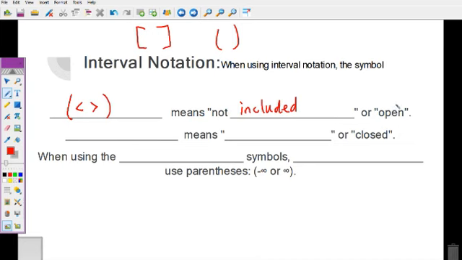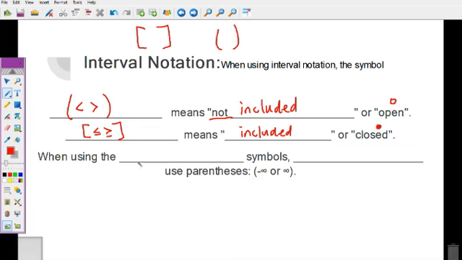Or there's an open circle there, right? There's an open gap, some type of discontinuity exists. Okay, if I have less than or equal to or greater than or equal to, that means I'm using brackets, which means that it is included. Or there's a closed circle there.